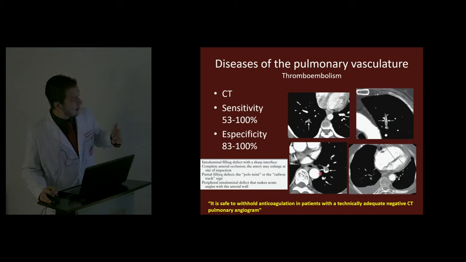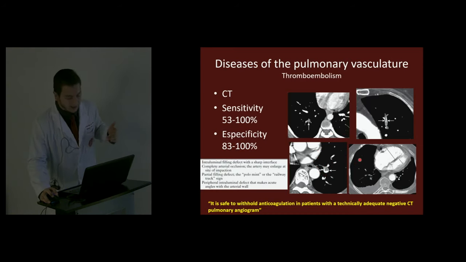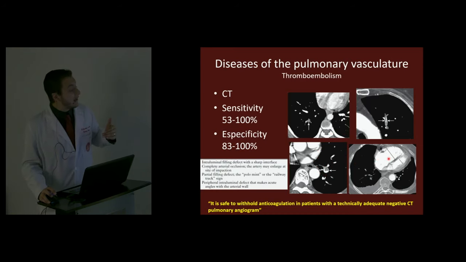This should be considered as acute pulmonary thromboembolism, and the CT also gives us a chance to evaluate the heart function. If we have an enlarged right ventricle, like seen here, it's one of the signs that this acute thromboembolism is severe, and it has to be assessed and treated immediately.